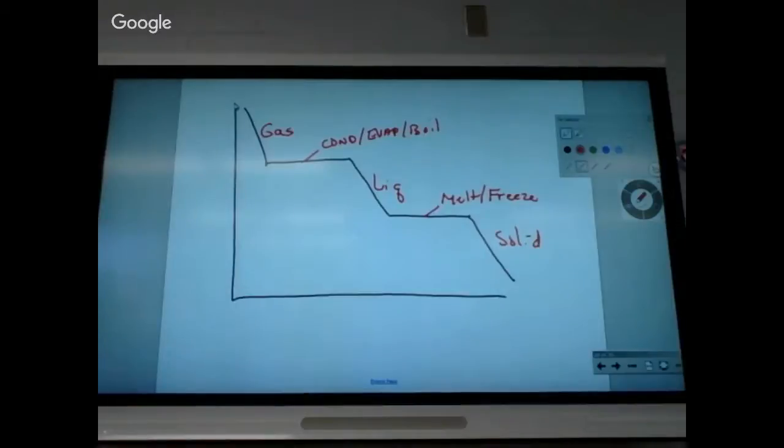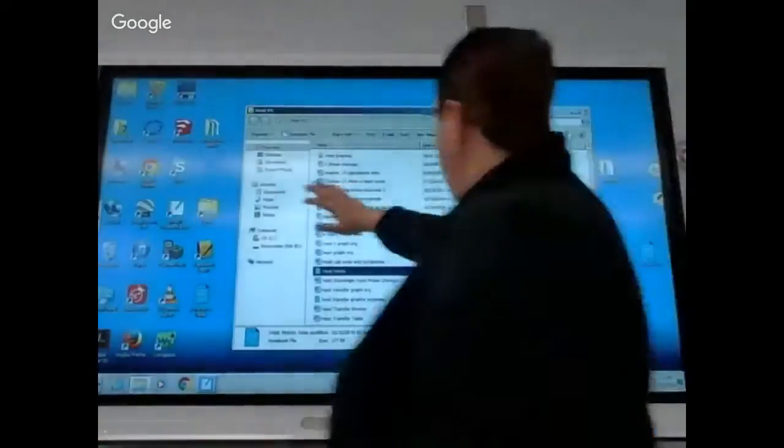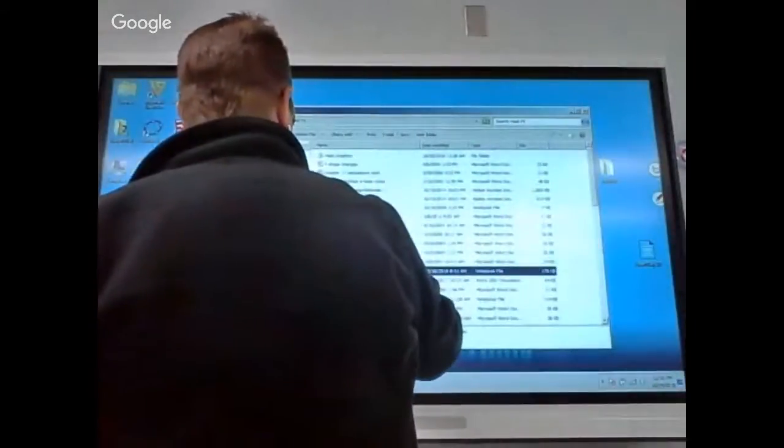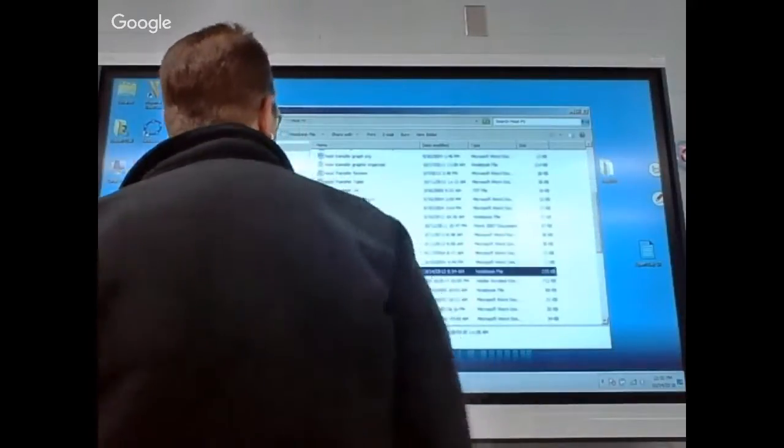All right, let's see what you came up with. Let's find the graph. There's the graph, the phase change graph.